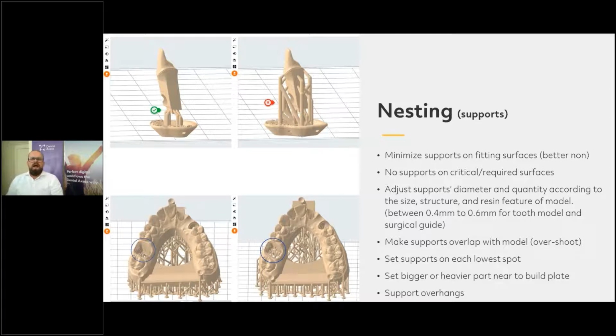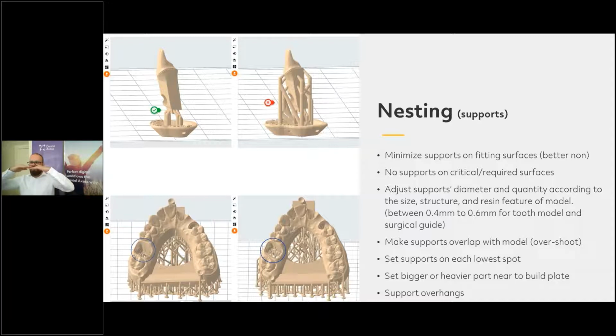And set support on each lowest spot. The lower the spot is, there it starts building up, so it needs to start being connected and supported from that point. Otherwise, there's nothing to support. You can't print in mid-air, so you need to start to support on the lower spot. One of the tips is to have bigger and heavier parts closer to the build plate.